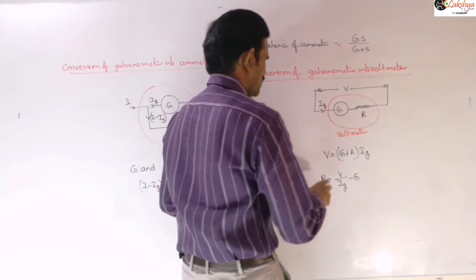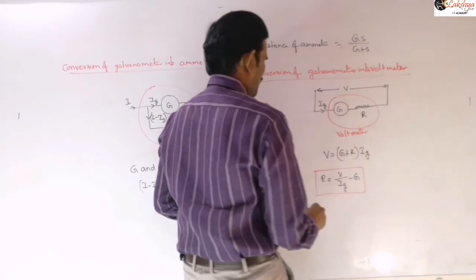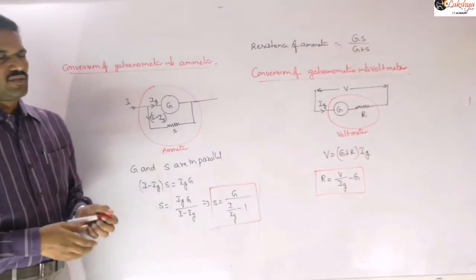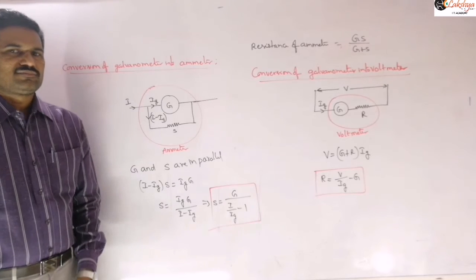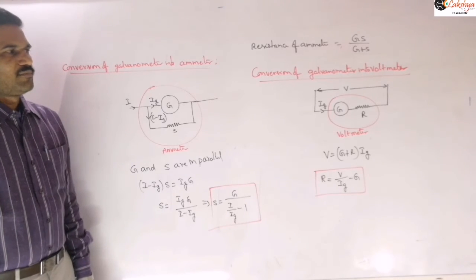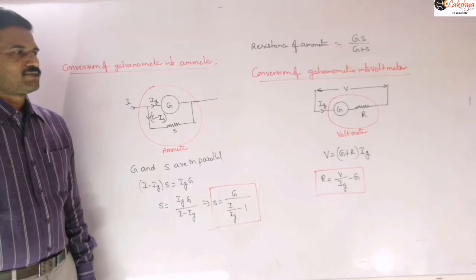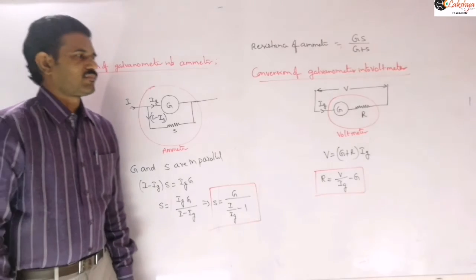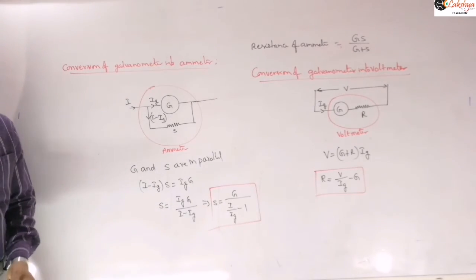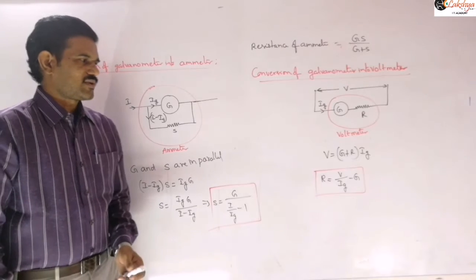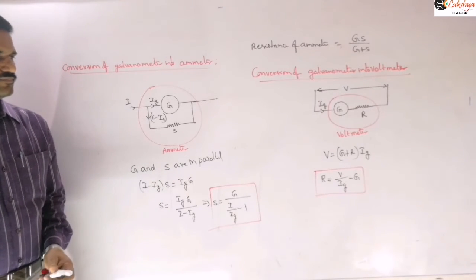So just mention that a galvanometer can be converted into a voltmeter by connecting a high resistance in series with it.